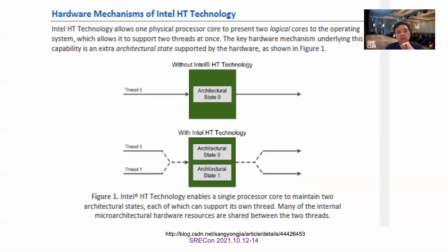On this figure, without hyper-threading, one thread is running on one core. That is the first half of the figure. When you turn on hyper-threading, two software threads are running on two hardware threads. They're sharing the same core. In other words, hyper-threading enables the core to appear as two different CPUs to the server.